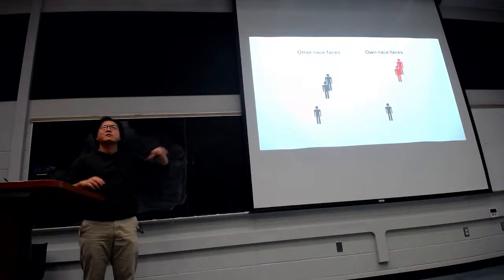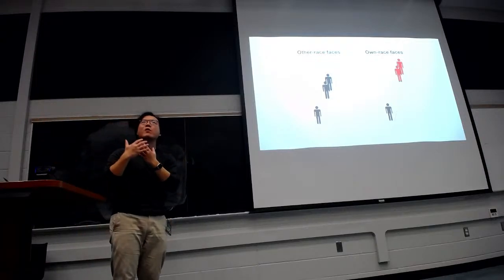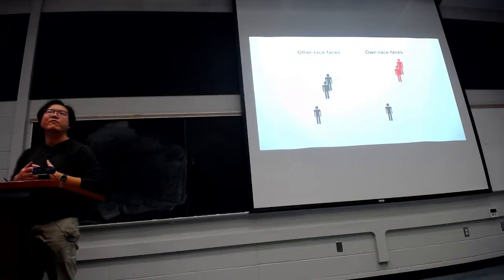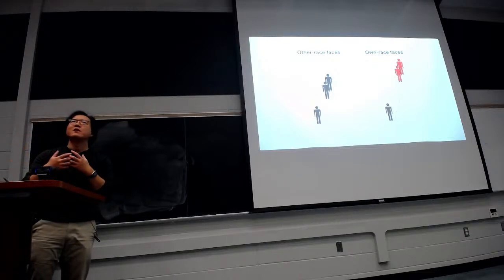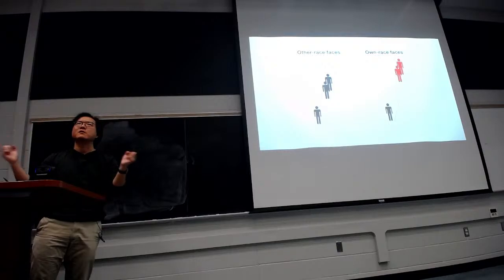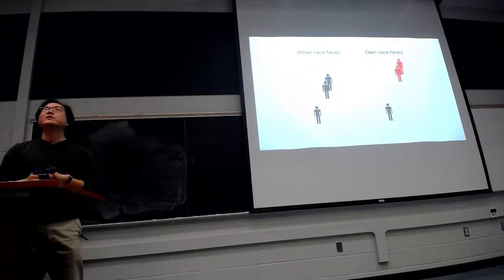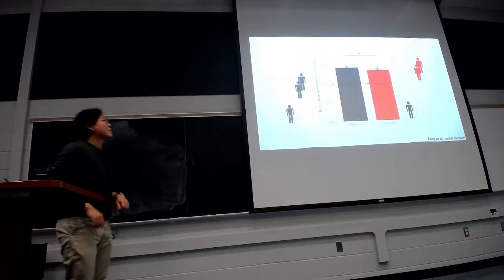If you see something that's not from your own race group, you'll probably see it as closer. Think about this as a kind of defense mechanism: you want to be adaptive, you want to be alert if there's something strange in your surroundings. Own race will be safer, that's okay to be further away. That's exactly what we found.